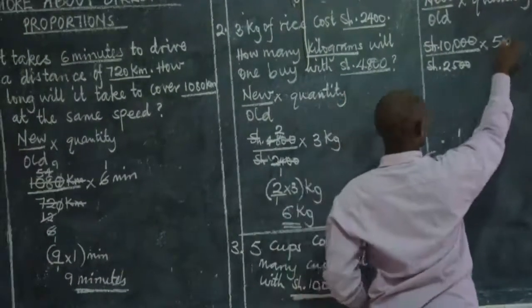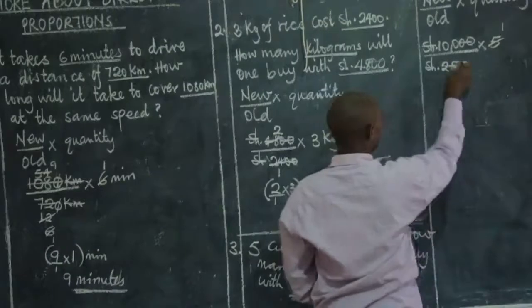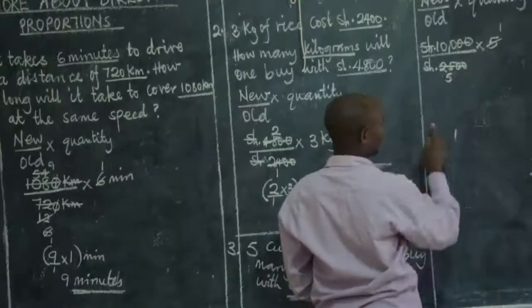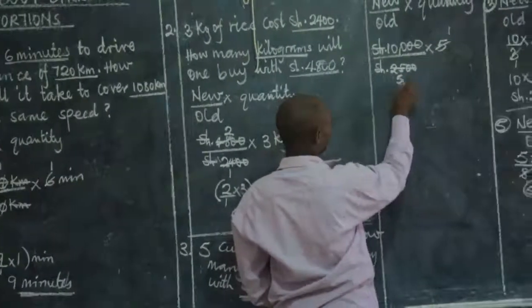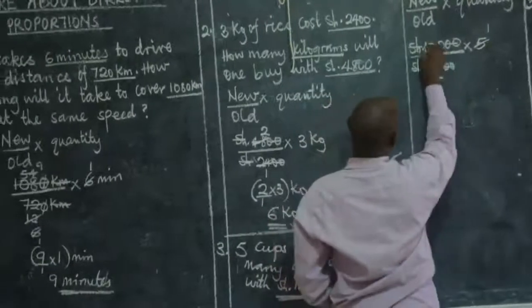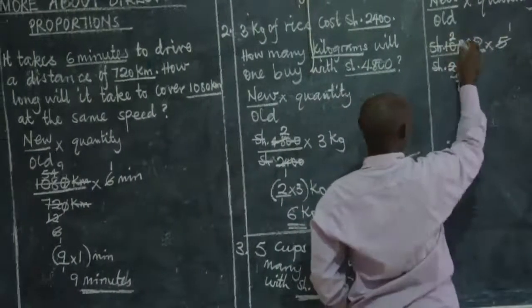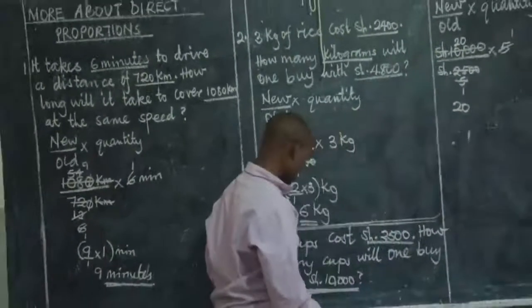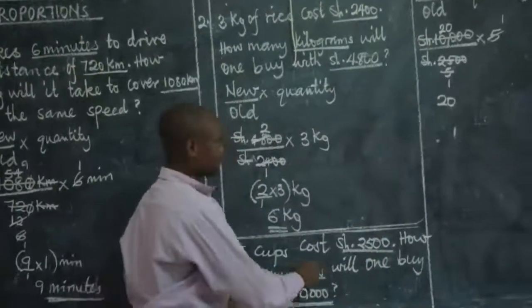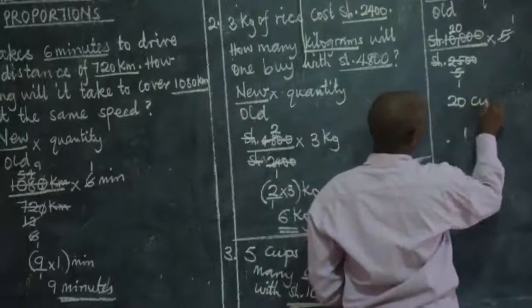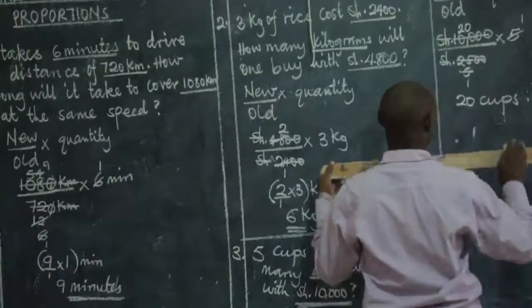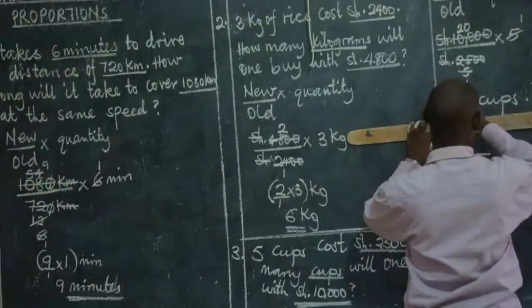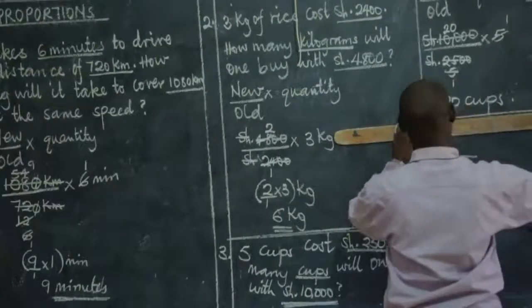So we can reduce, divide by 5, 1. Divide by 5, 5. I have now to reduce 5. Divide by 5, 1. 5 in 10 is 2, then plus 1, 0. So we are getting 20. But what are these 20? How many cups? These are 20 cups.